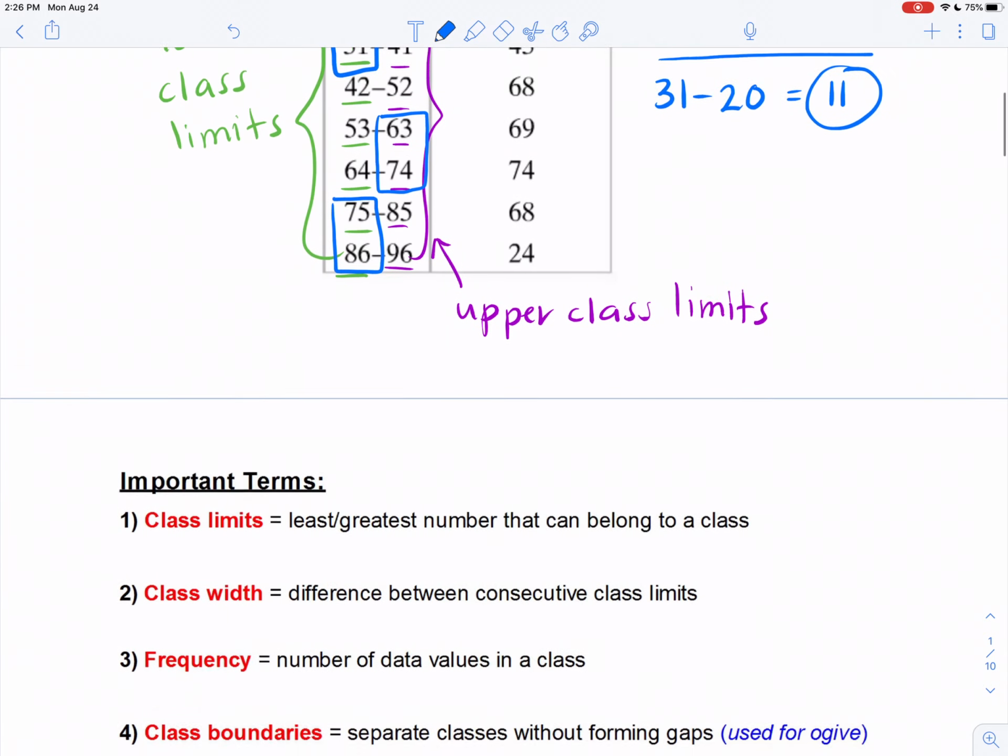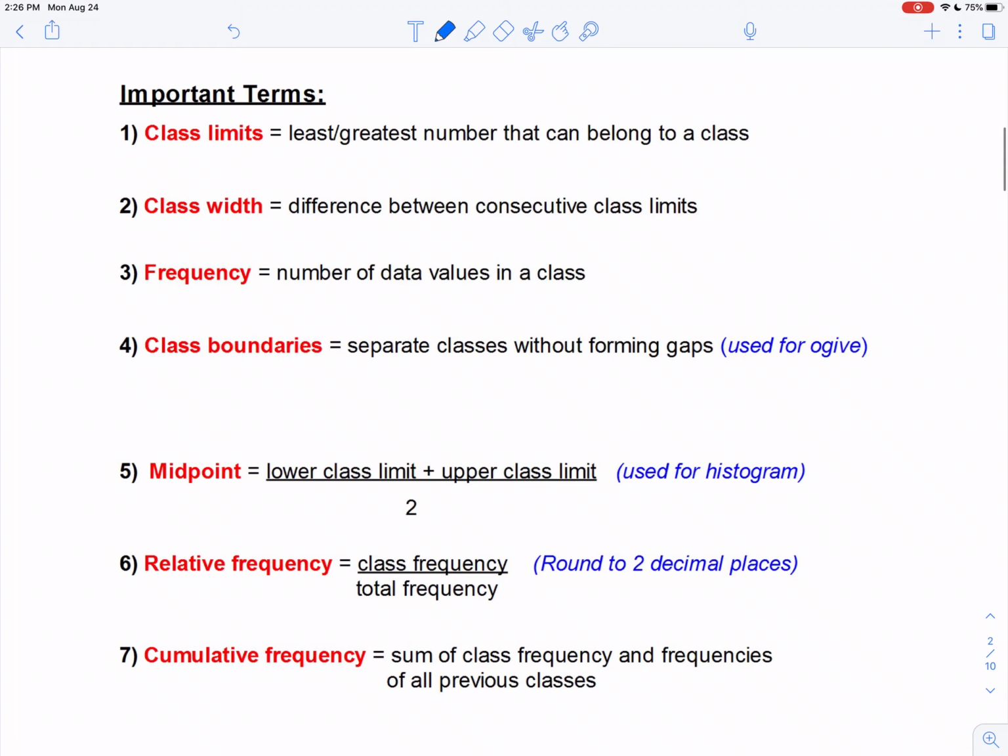All right, so again, first and foremost, make sure you can read and interpret the frequency distribution. Classes of data, and the frequency says how many data values were in each class. The limits, lower and upper, tell me what values can belong to a class. They define the class. The width is the difference between consecutive class limits.